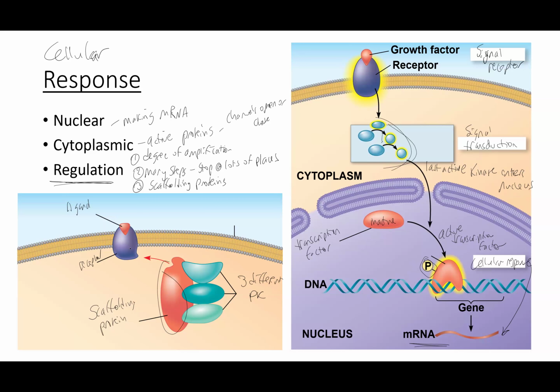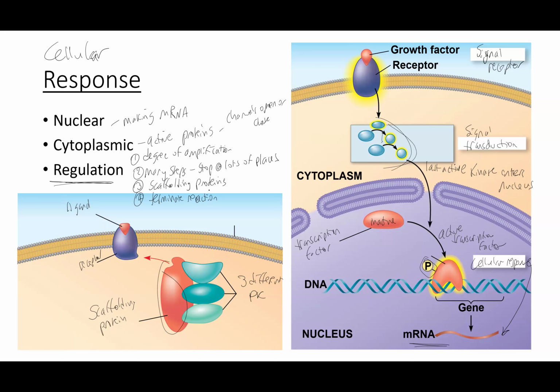When it binds to this receptor, it's going to activate 3 kinases at the same time. So that can cause a more dramatic reaction. And then just by having some way to terminate the reaction. So having some way to stop the whole thing from happening allows the cell to regulate it.